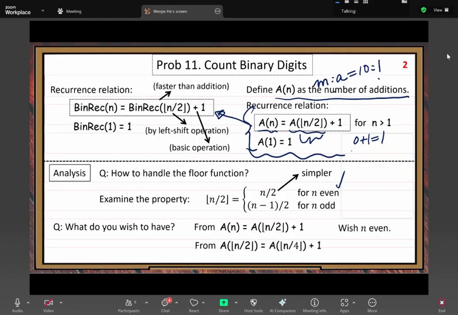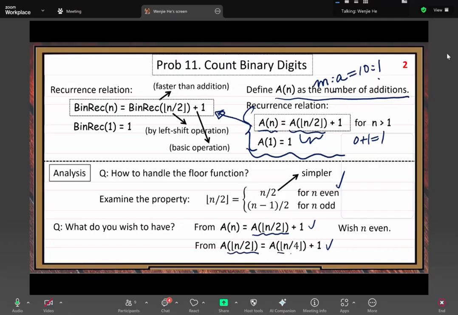All right, but after you remove the floor function in the first equation, when you do the next recursion, because you need to go to the next level, after you reduce the problem, you need to go to another round of recursion. But in the next round of recursion, the floor function on the left-hand side you can remove because n is even.